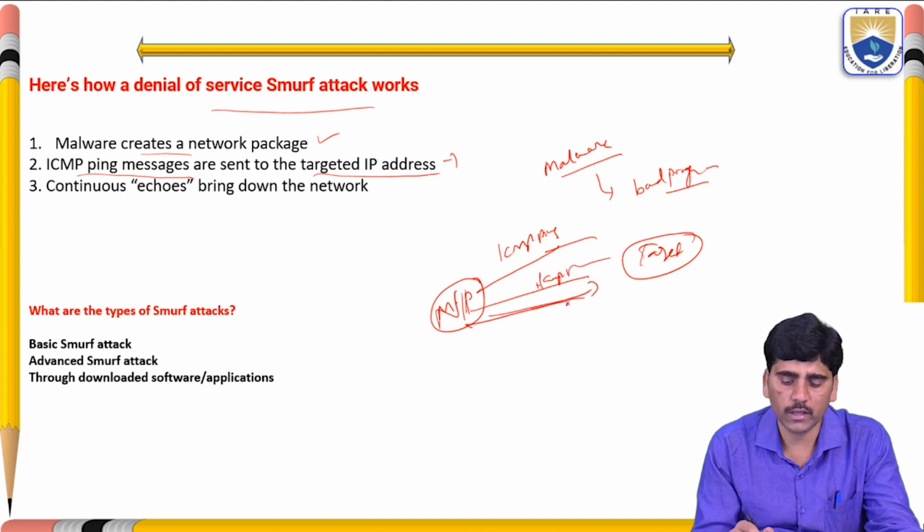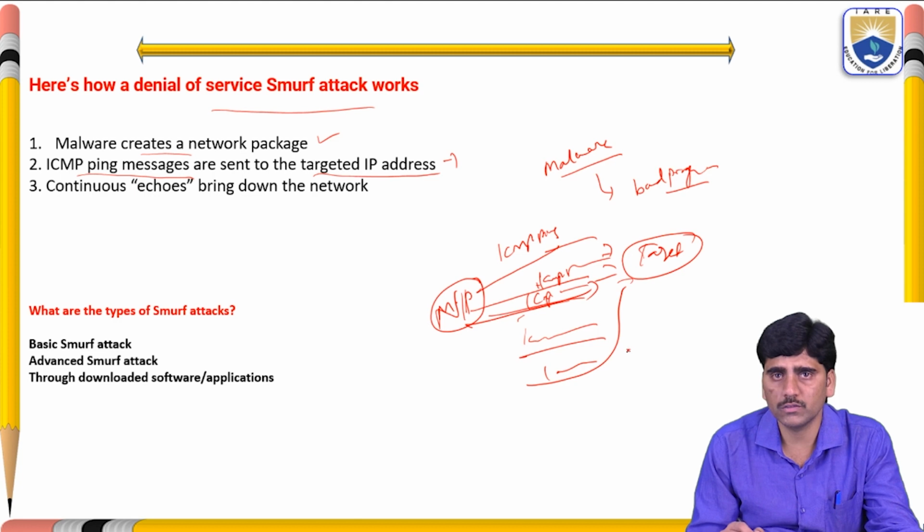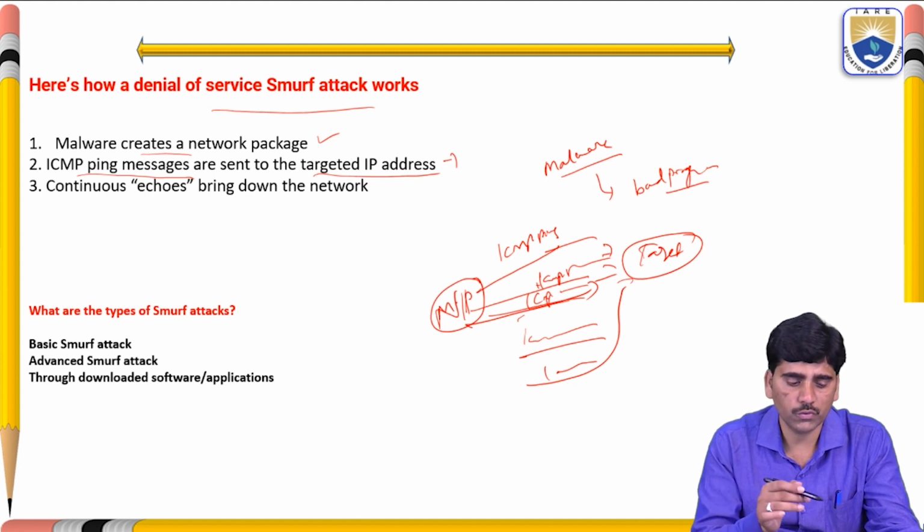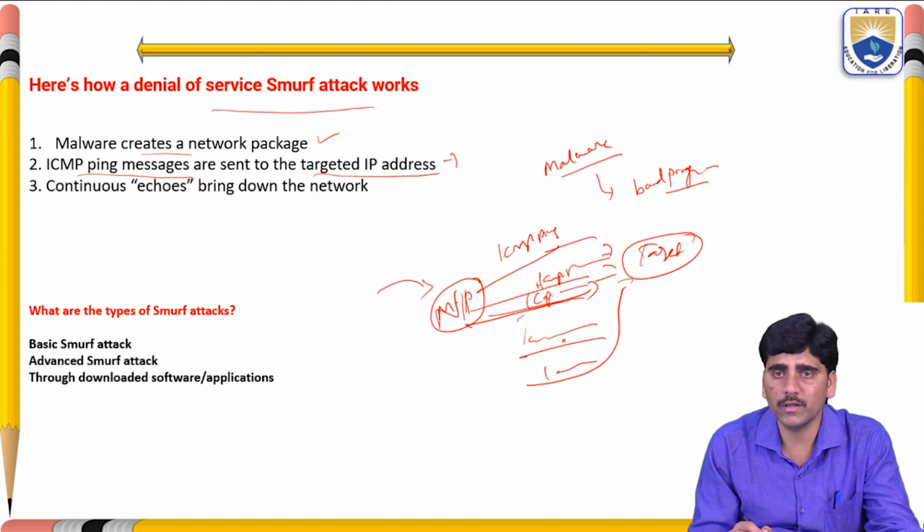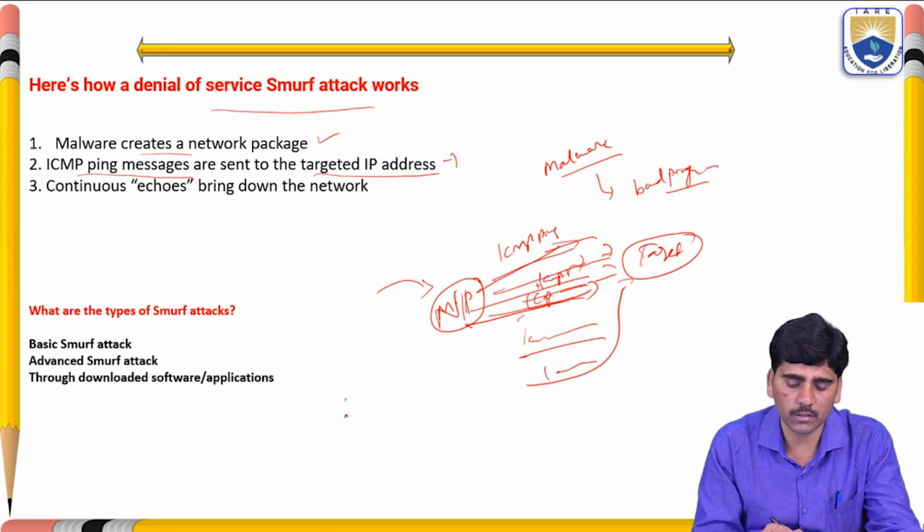Continuous ICMP echo requests reach the target system. Creating all these ICMP requests is nothing but creating a botnet, which is a group of bots.